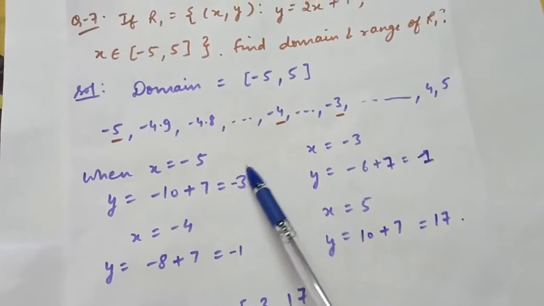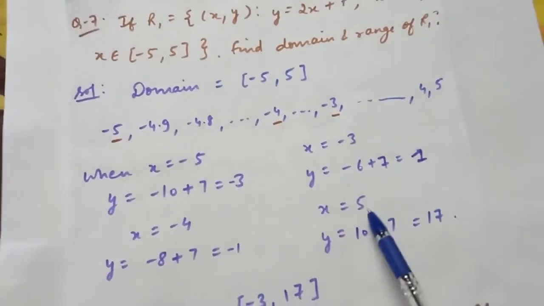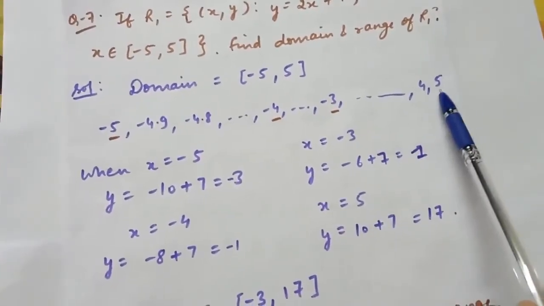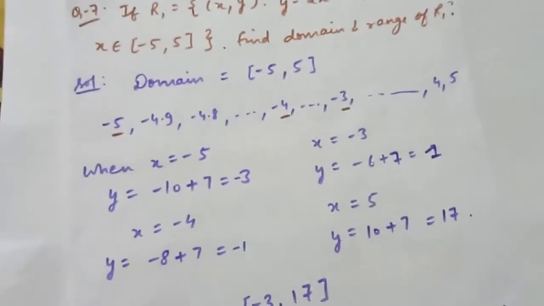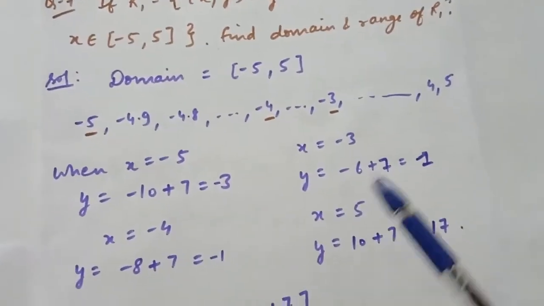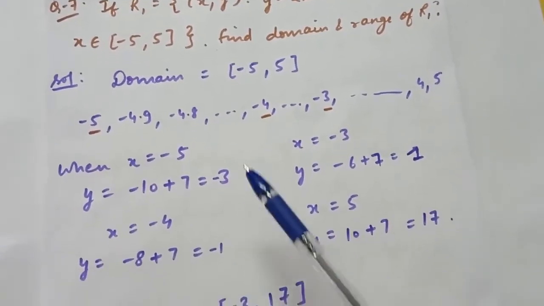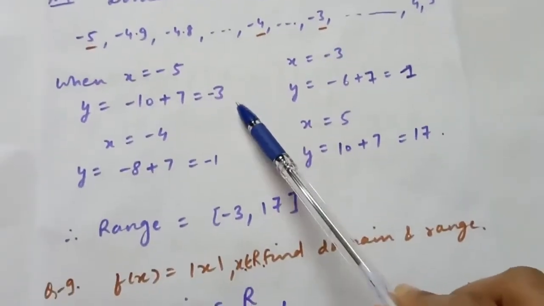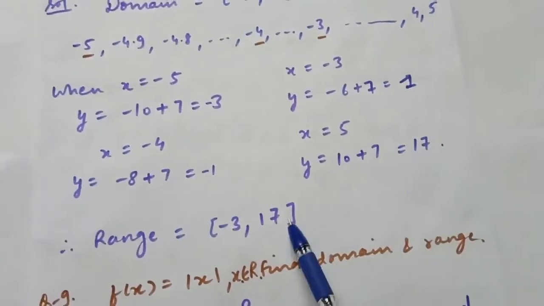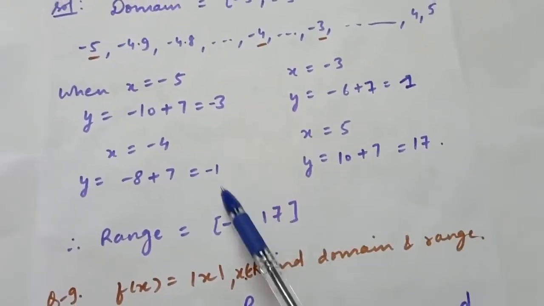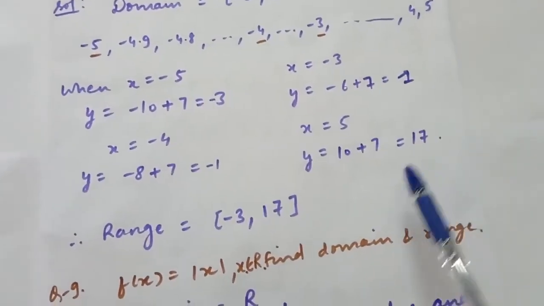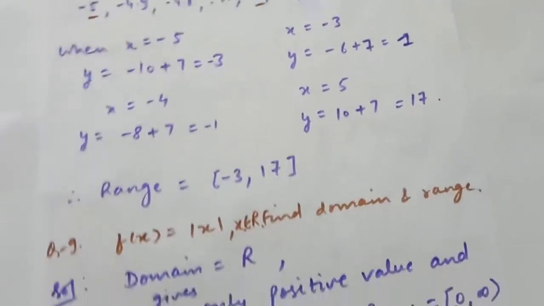So the range will start from -3, and now just calculate at the highest number of the domain. At 5, y will be 10 plus 7, that is 17. Therefore the range will go from -3 to 17, because we can see the range is also increasing, right? So the range will be this.